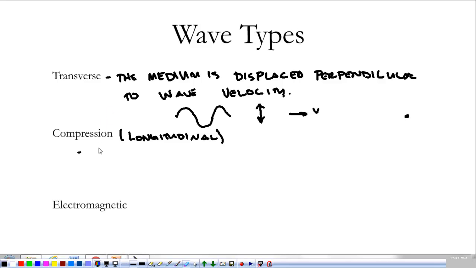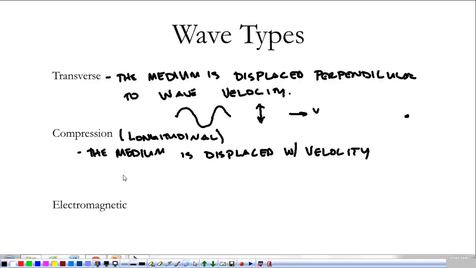And so for a compression wave, the medium is displaced with the velocity. The illustration is going to do us a much better job here, and we'll talk about it a lot with that. But essentially, the medium is going to move back and forth while the wave moves forward.